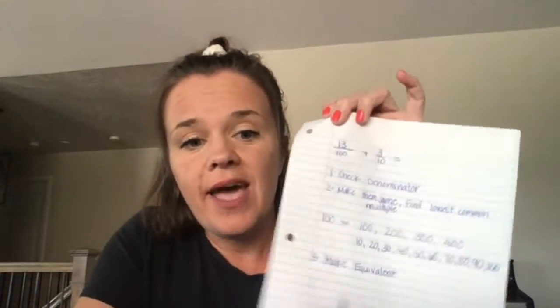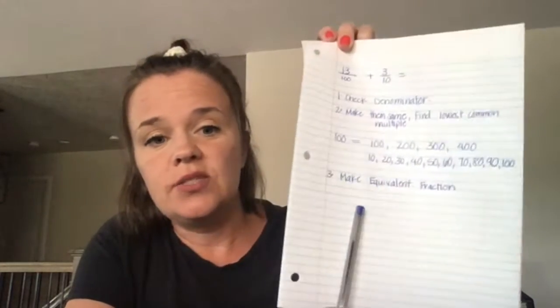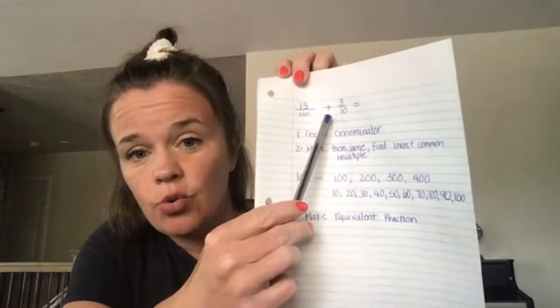But now I have to adjust the other one, right? Because the other one says that the denominator is 10, and we've already decided that we need to change that to 100, right? So this is where I'm going to make an equivalent fraction, okay? So here we go.